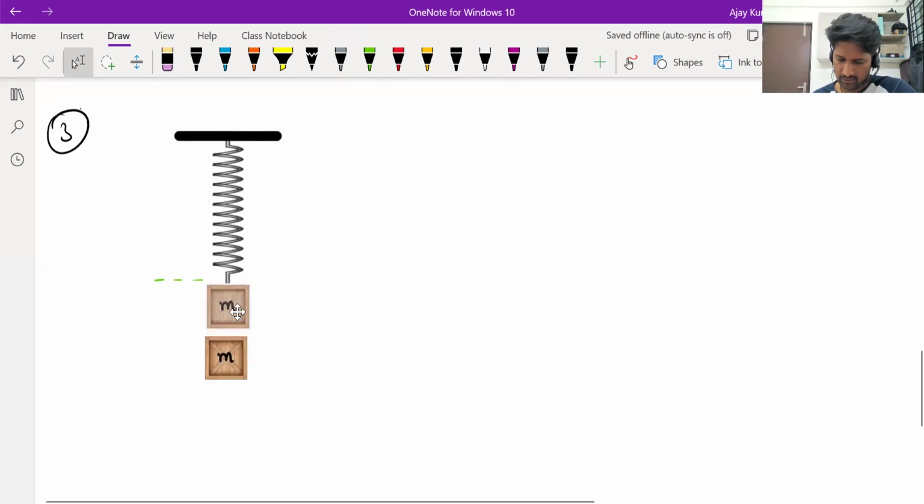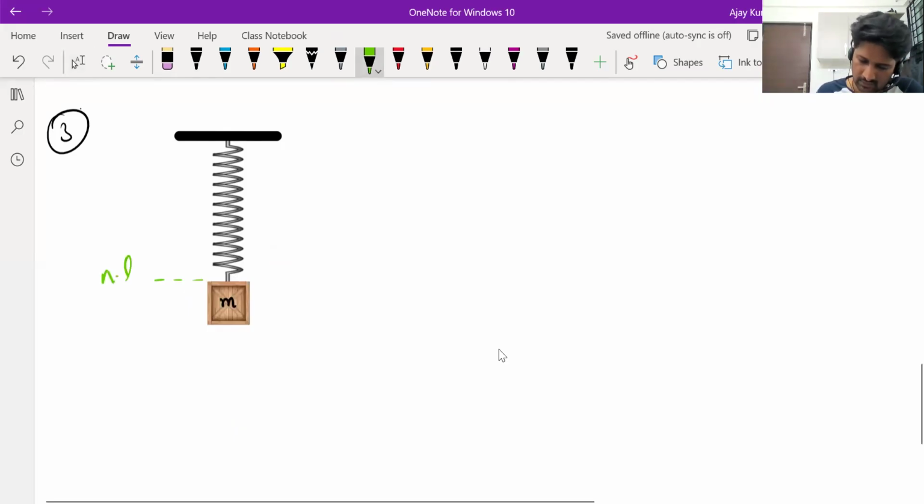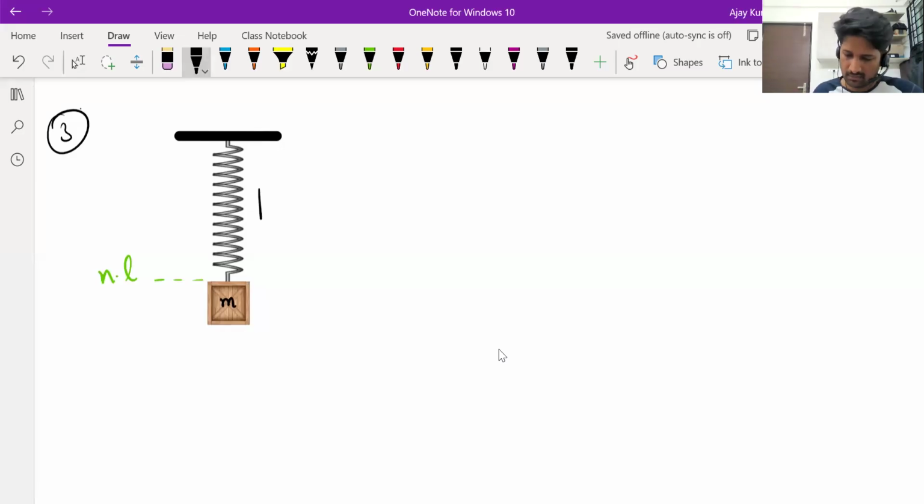Block is connected to it, and you release the system. Now tell me, at natural length, if you release the block, will it be in equilibrium? Will the block stay there itself?